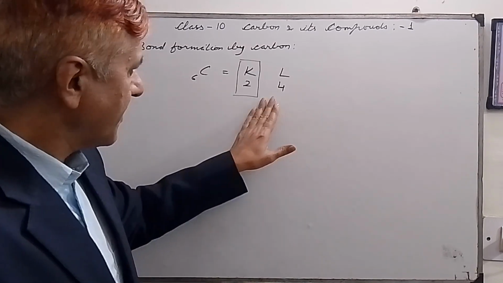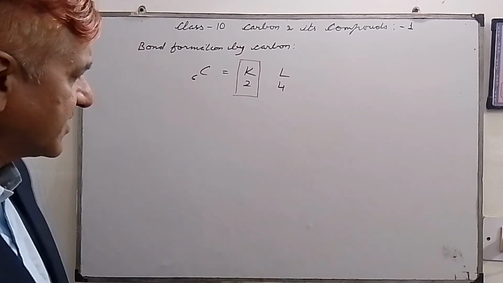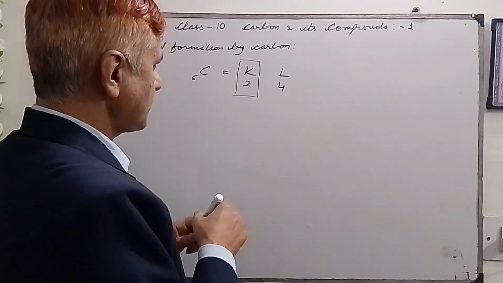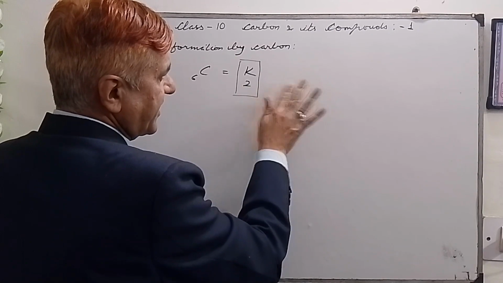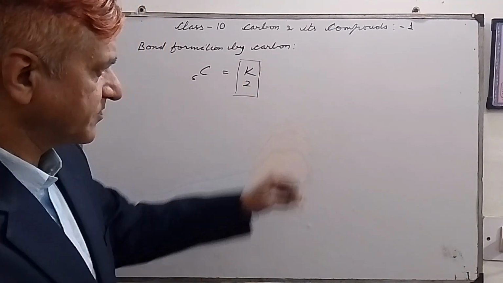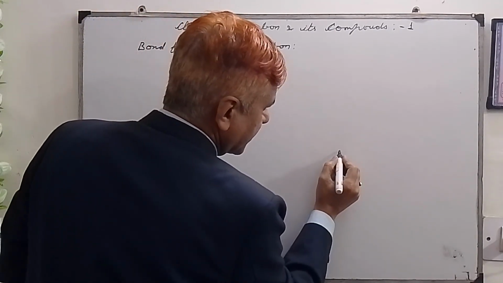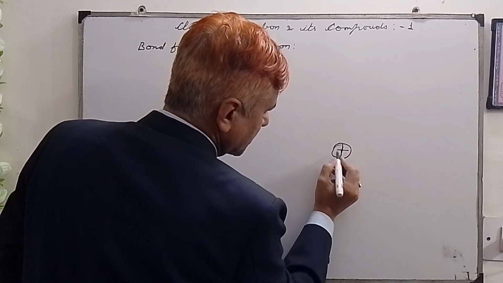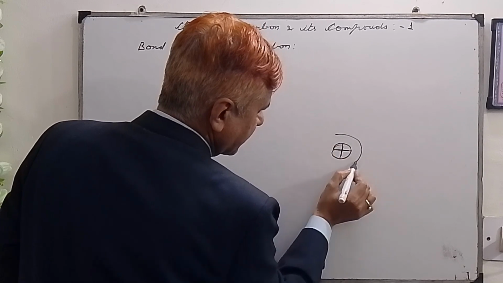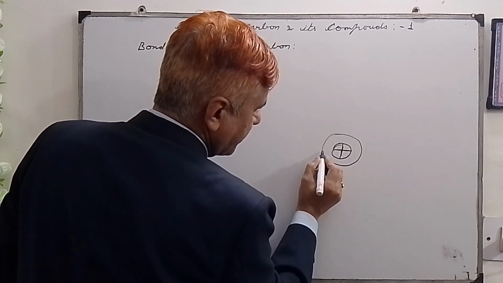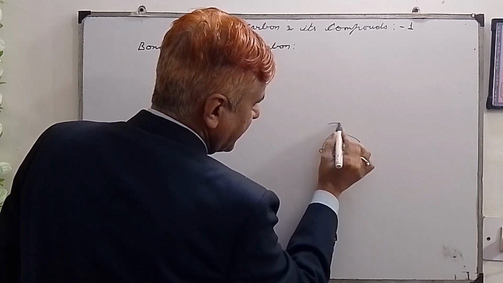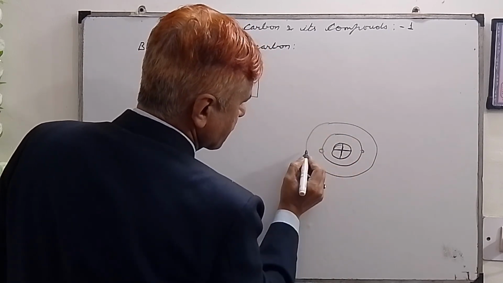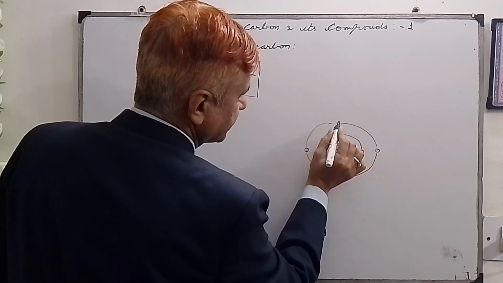See this, when it gives 4 electrons, they will get removed from here. This is the nucleus, and this is the K shell having 2 electrons, and this is the L shell having 4 electrons.